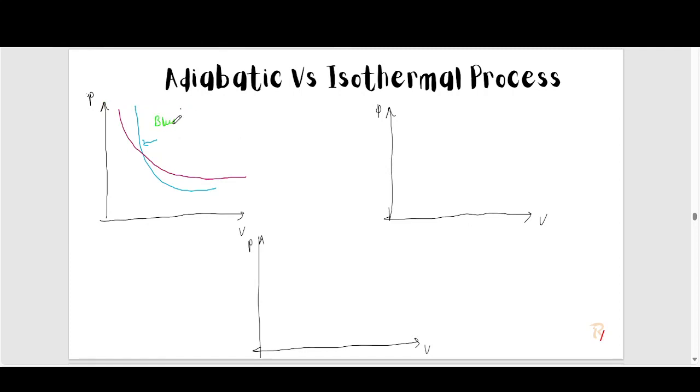Since the blue line gives me the adiabatic result, since the adiabatic graph gives us a sharp graph, this will be our adiabatic, and this will be our isothermal. Sorry, I am confused here.